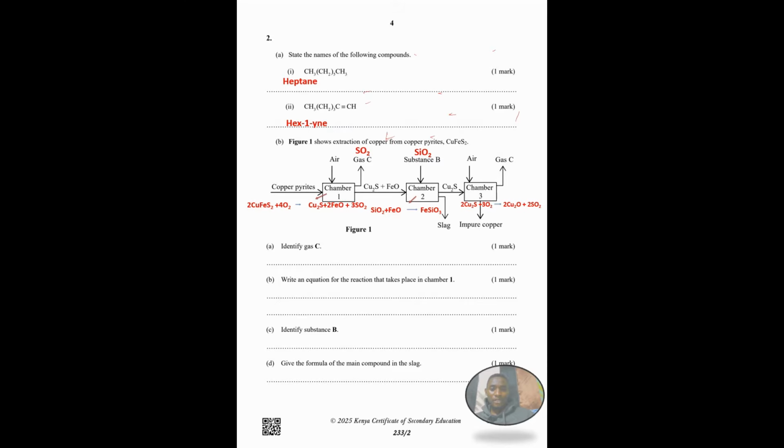Then in chamber 3, the copper 1 sulfide is taken into another converter with a controlled amount or supply of oxygen, where part of the copper 1 sulfide is converted to copper 1 oxide.